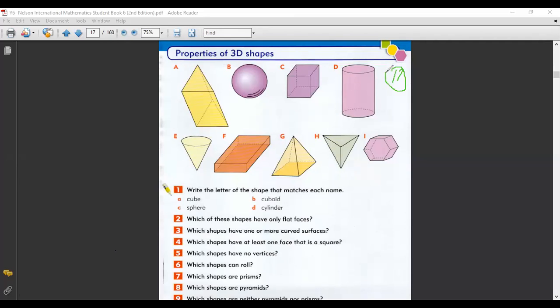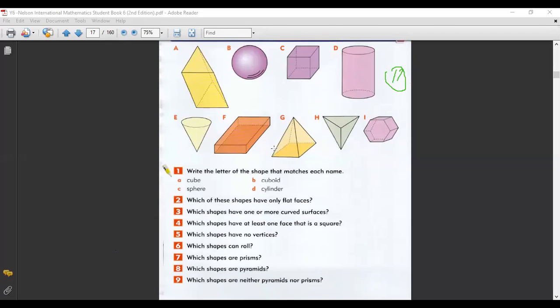Answer question 1 up to question 9, okay? So, write the letter of the shape that matches its name. Which of these shapes have only flat faces? Which shapes have one or more curved faces? Which shapes have at least one face that is a square?